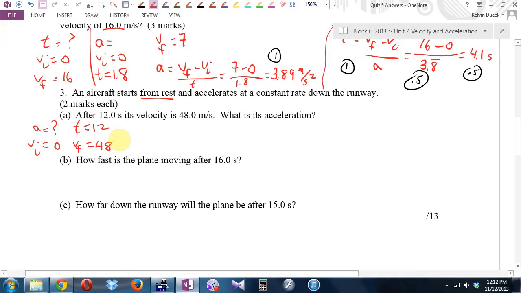You're getting close to takeoff speed. Depends on whether it's a jet aircraft or a propeller plane. Propeller plane takes off faster than this. Sorry, slower than this. A equals V final minus V initial over T. 48 minus nothing over 12.